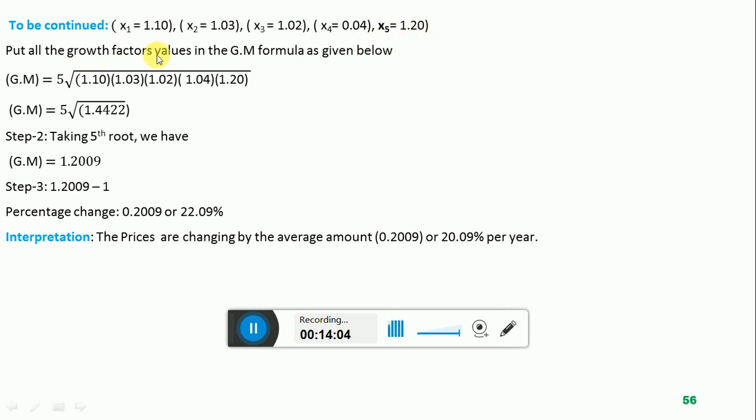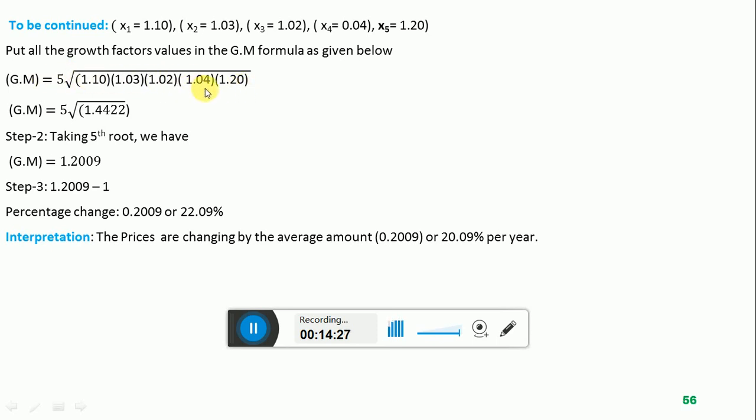Now put all the growth factor values in the geometric mean formula as given below. Geometric mean, the fifth root, because we have 5 different growth factors. We will multiply all the 5 growth factors: 1.10 multiplied by 1.03 multiplied by 1.02, 1.04 and multiplied by 1.20.